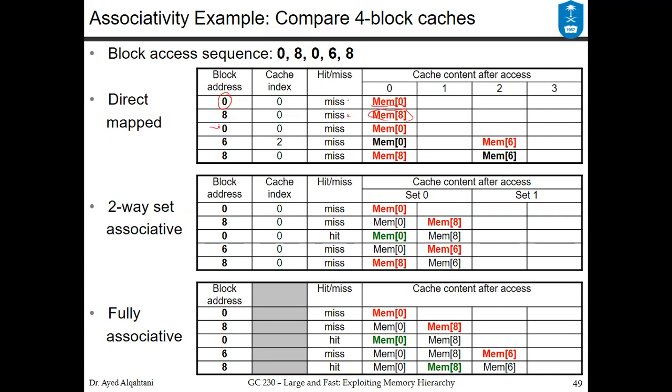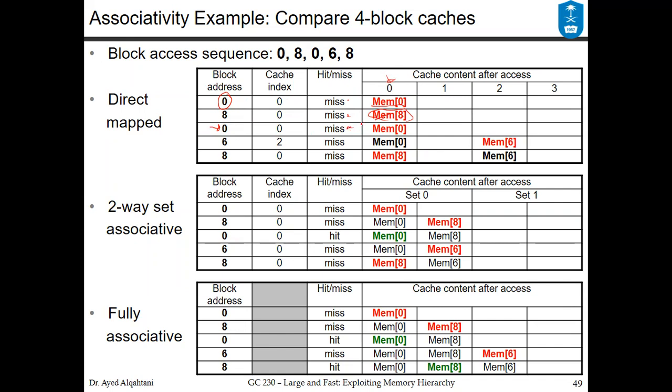Now, at this point, you access 0, which you were storing before, but you already replaced it. So at this time, it's mapped to the same place in the cache. So it's a miss, and you take out the memory contents of address 8, and you put the memory content of address 0.